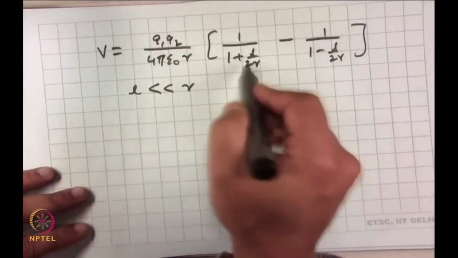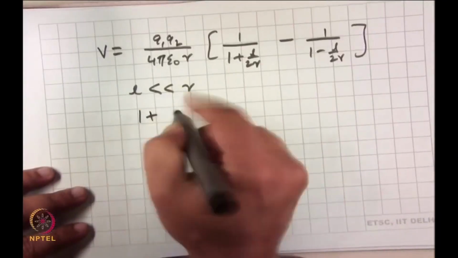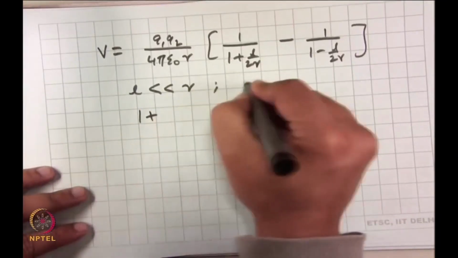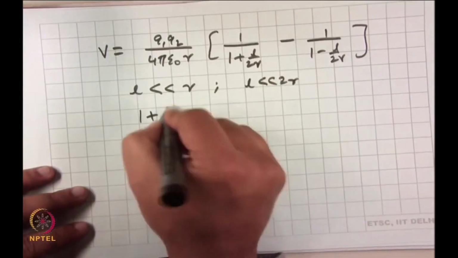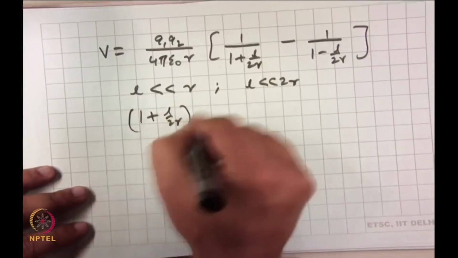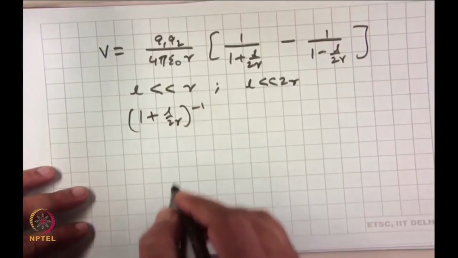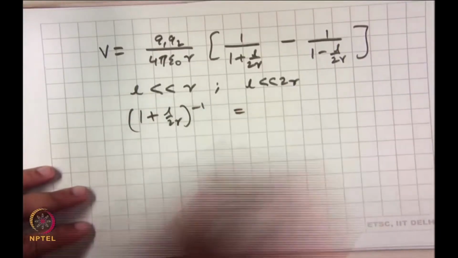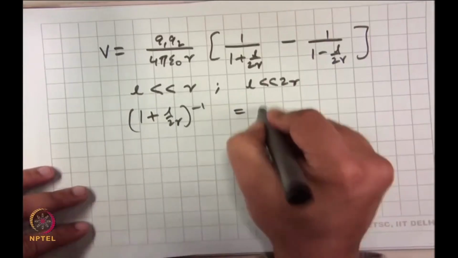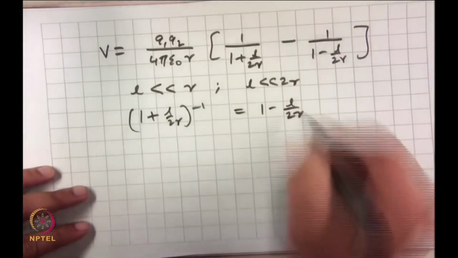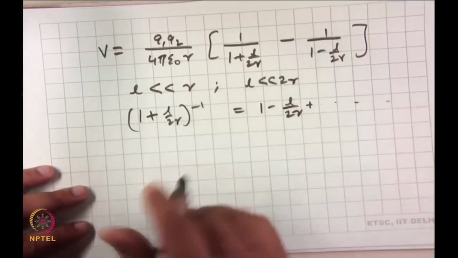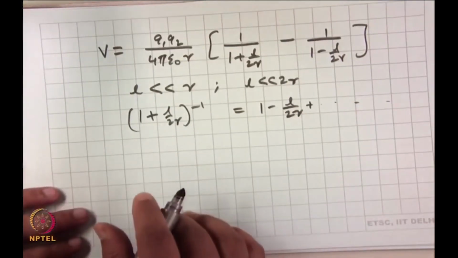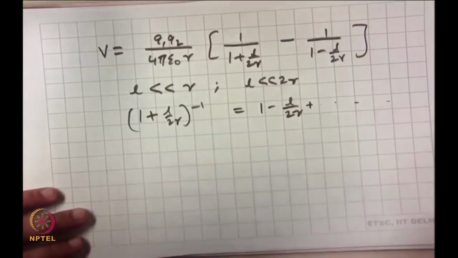Then I can write, based on this, L is much less than 2R. So 1 plus L by 2R to the power minus 1 can be approximated as what? 1 minus L by 2R plus the higher terms, but I know my L is much less than R, so I neglect the higher terms.